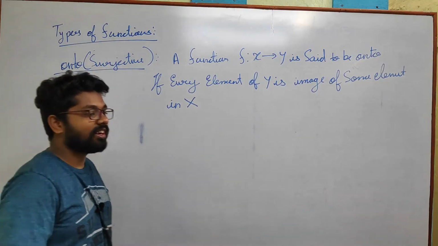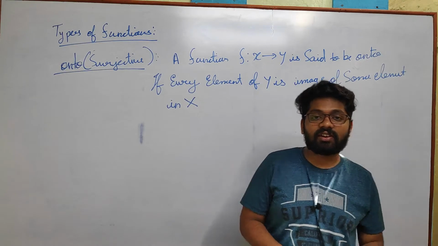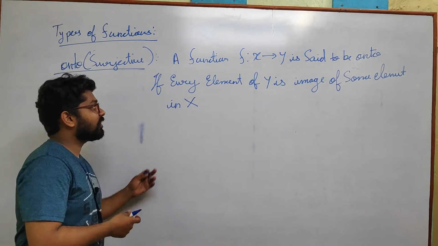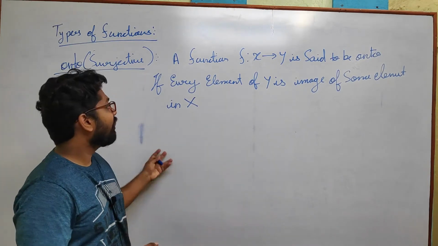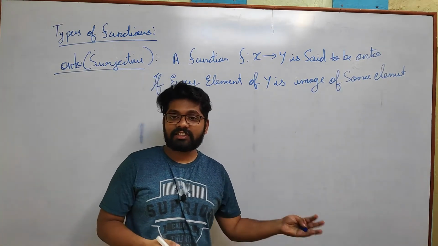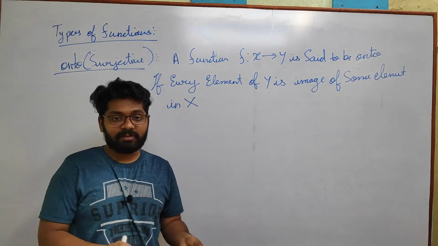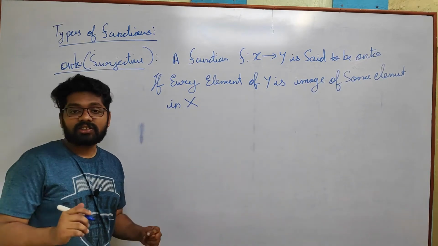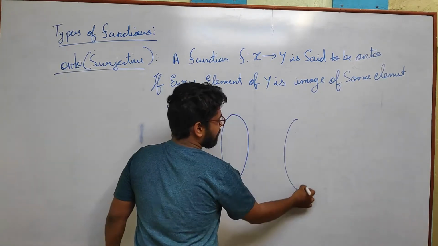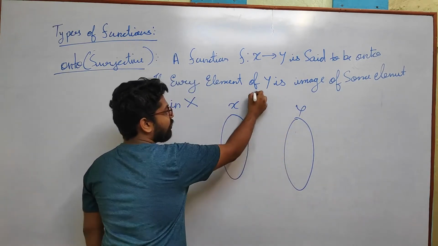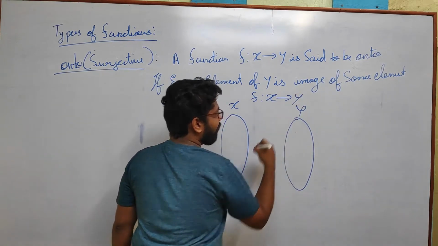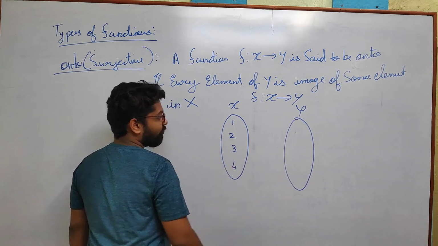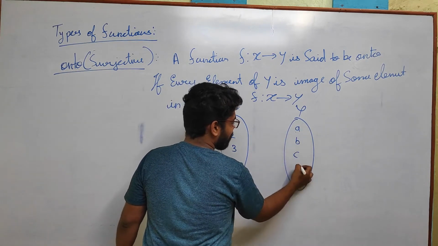The second type of function that we are going to study is the onto or surjective function. A function is said to be onto if every element of y has at least one image in some element of x. Suppose you have two sets, x and y, and f maps x to y, where x is 1 2 3 and 4, and y is a b c and d.